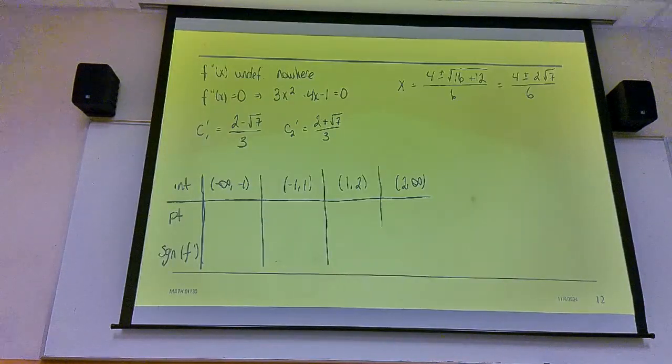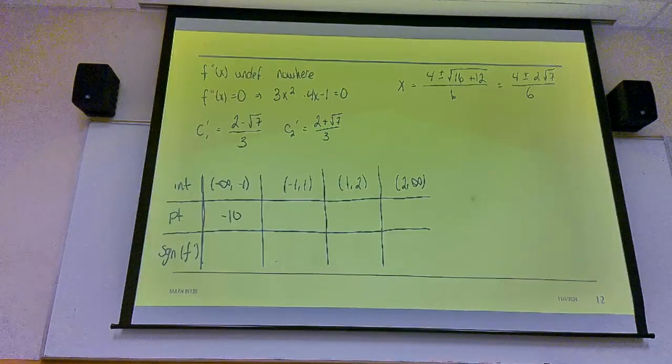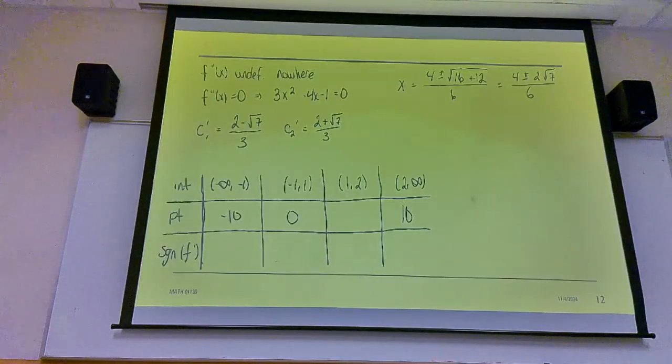Gives us 4 intervals. Choose your test points. That one's nice. That one's really nice. That one's nice. Yeah, that third one's not so nice.